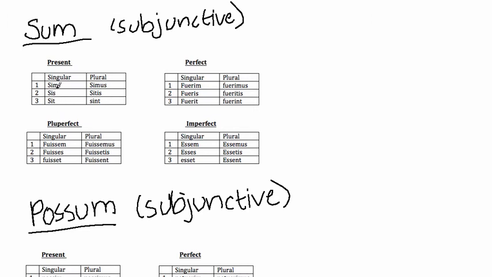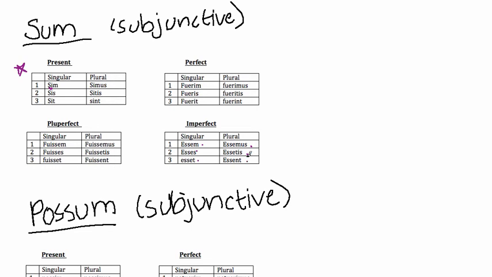You can think of I as sum's special connecting vowel and add on m, s, t, mus, tis, nt. Now we'll go in the order that I introduced the subjunctives. We'll start with the imperfect. Esse is the infinitive form of sum, and you just add on m, s, t, mus, tis, nt.